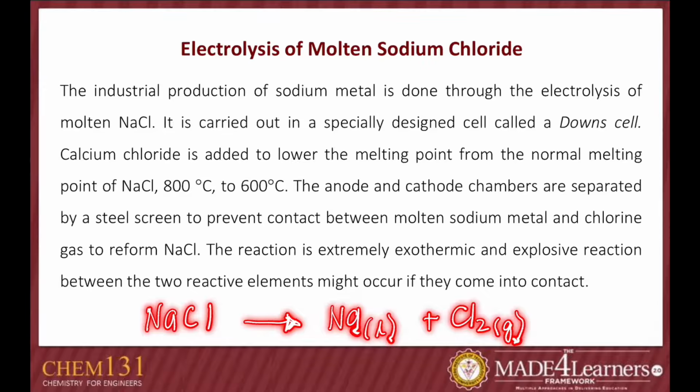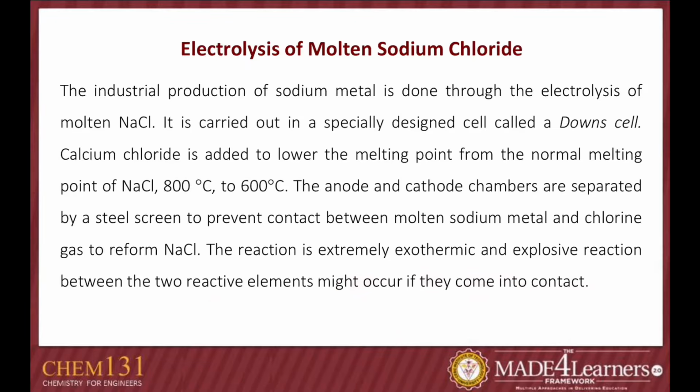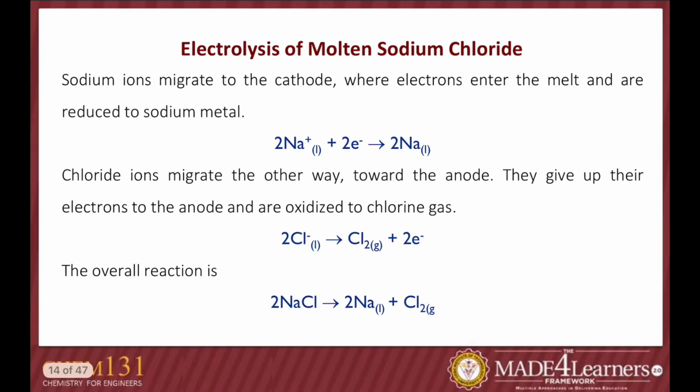So, para mo prevent ang contact between them, para mo reform og sodium chloride, so giseparate ang anode ug ang cathode nga chambers. Also, the reaction is extremely exothermic and explosive, and an explosive reaction might occur between the two elements if mo come in contact silang duha. So, the chambers must be separated.